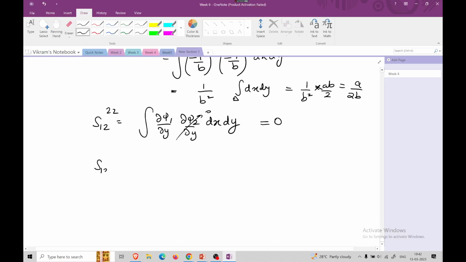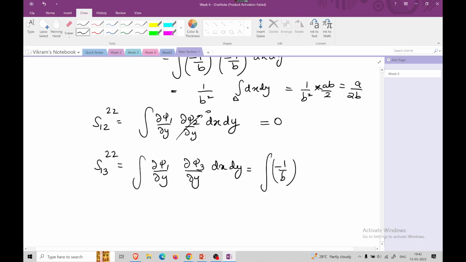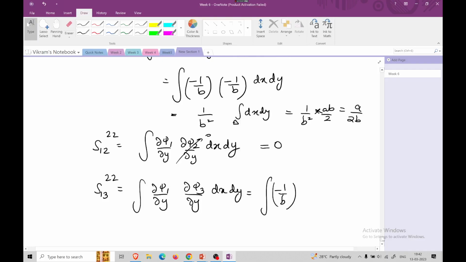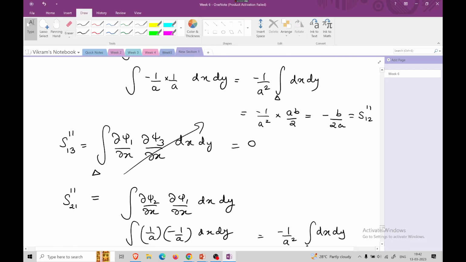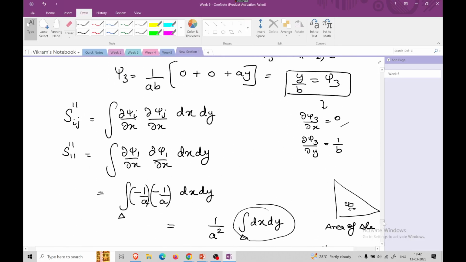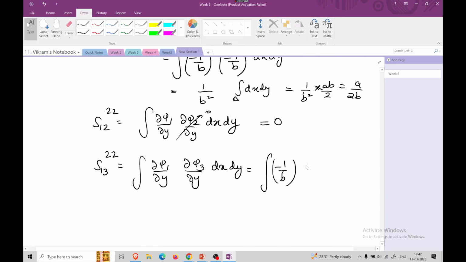So S13 is dou psi 1 by dou y into dou psi 3 by dou y into dx dy. So this will be minus 1 by b into, what is dou psi 3? That will be 1 by b, into dx dy.